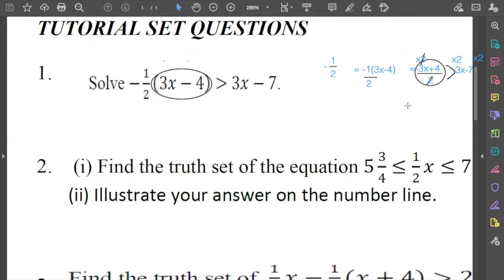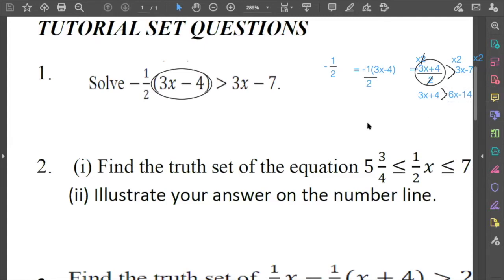So now I am going to have 3x plus 4, which is going to be greater than 2 times 3x, which is 6x, minus 7 times 2, which is minus 14. This is what we have.